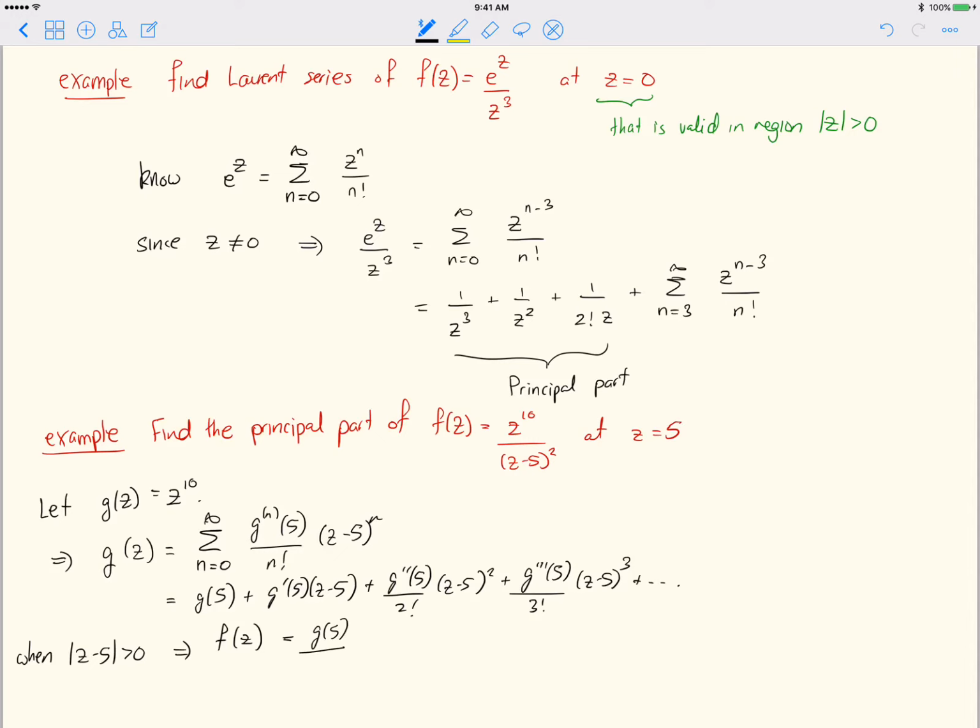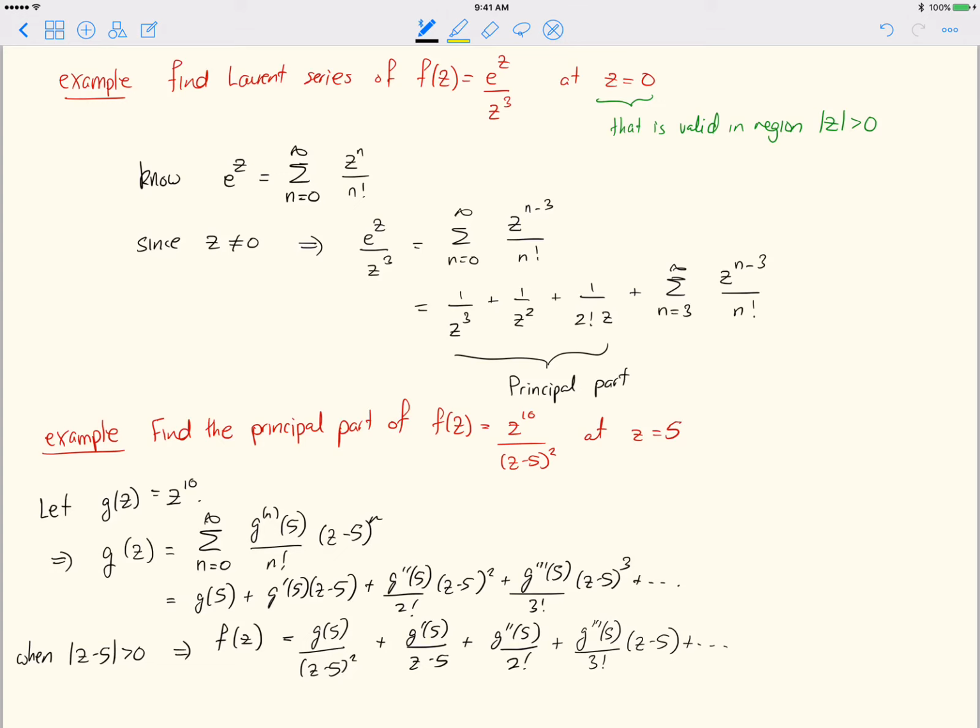It's going to become g of 5 on z minus 5 squared plus g dash 5 on z minus 5 plus g double dash of 5 on 2 factorial. Actually, there's not going to be anything in front of that constant, because the z minus 5 squared is going to cancel the z minus 5 squared. But the next one is going to become z minus 5 instead of z minus 5 to the power of 3. And again, that will go on forever.